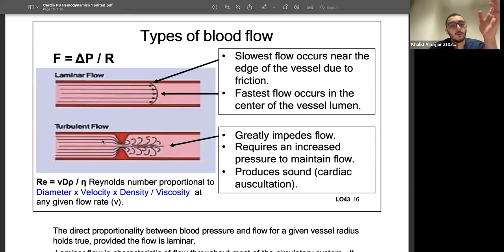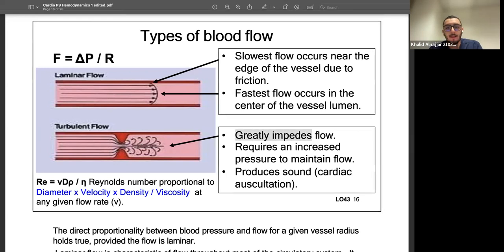Turbulent flow is whenever the laminar flow is disrupted by any cause or reason. If we have narrowing at one point of the vessel, you will have turbulent flow. If you have a clot or any sort of something that's blocking right here, it will create another turbulent flow, and the blood flow will not be as organized.